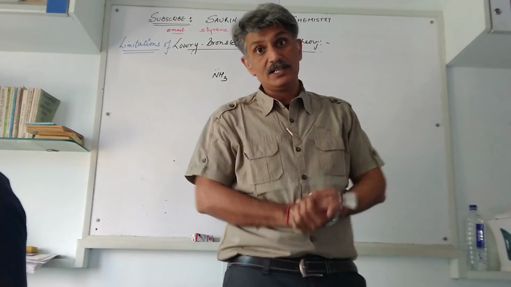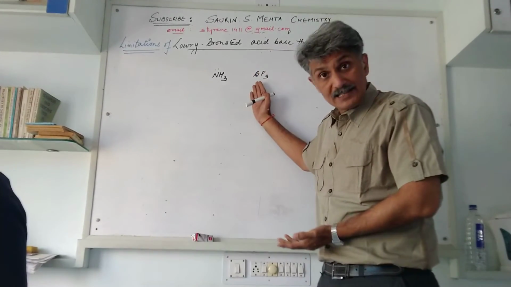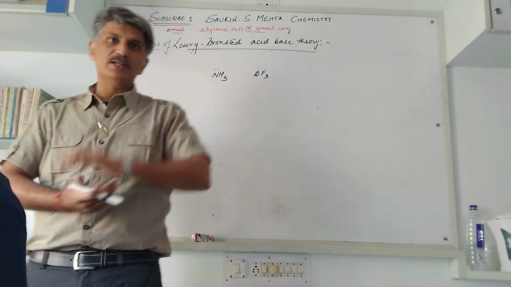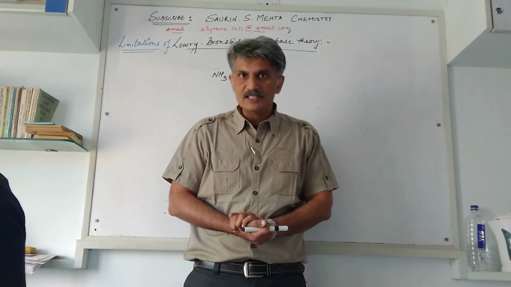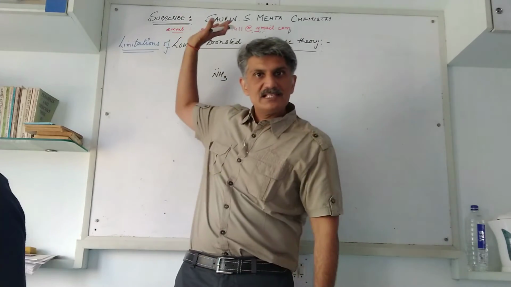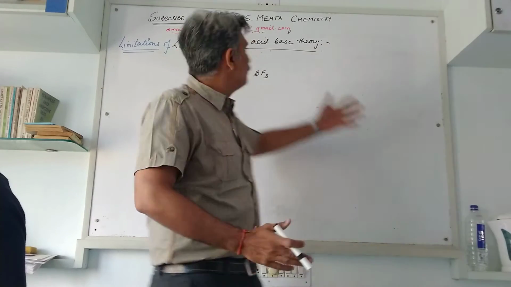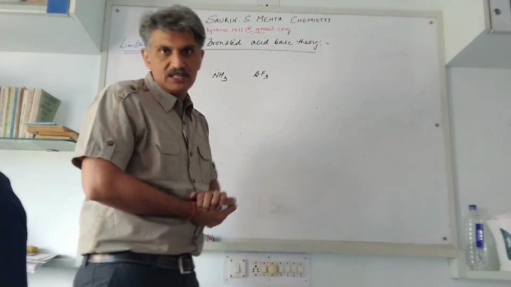Yes, it's an acid. You are astonished to hear that BF3 is an acid? Yes, it is an acid. And that was the conclusion given by the scientist G.N. Lewis with respect to the same acid-base concept, and that theory overcomes the limitation of Lowry-Bronsted acid-base theory.